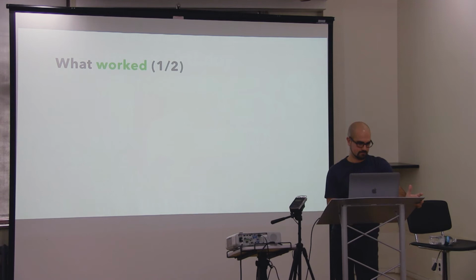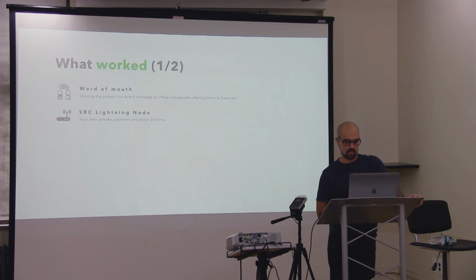So let's talk about some of the things that worked. Word of mouth was very effective for sharing the application across social media. The single board computer running Bitcoin and Lightning nodes worked surprisingly well. I think we can expect that it's going to become increasingly easier for individuals to run their own nodes.